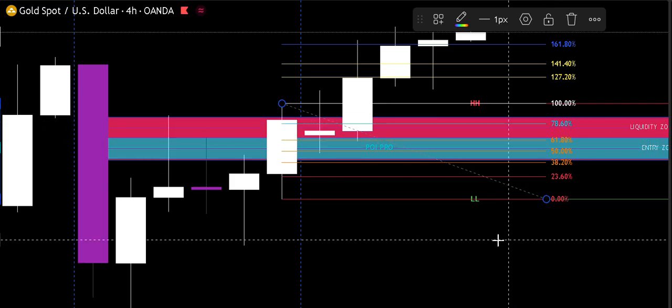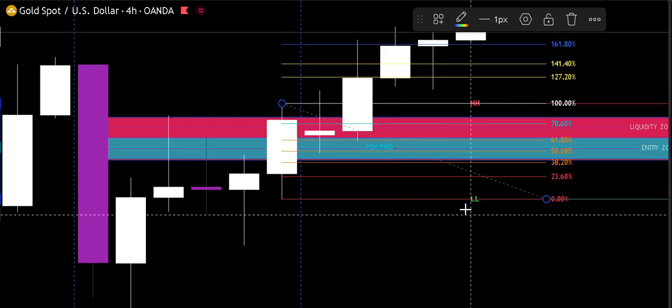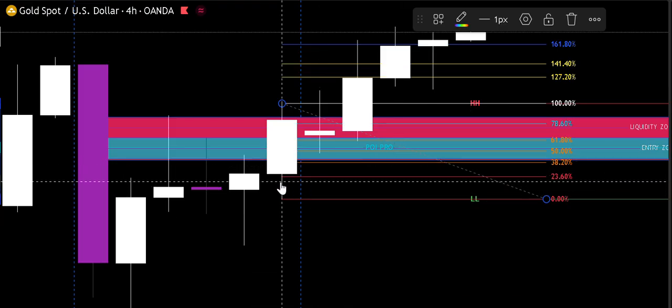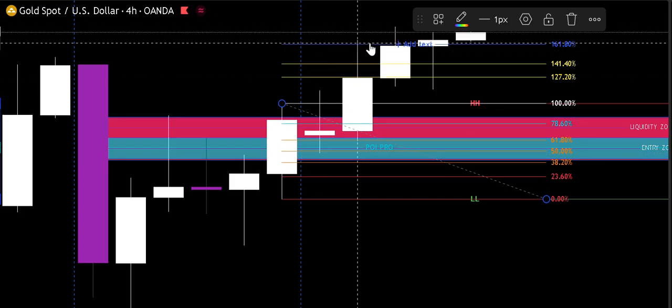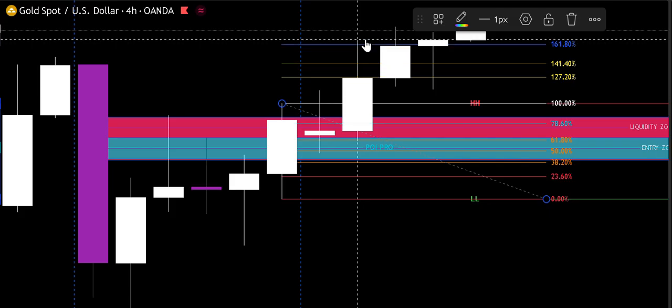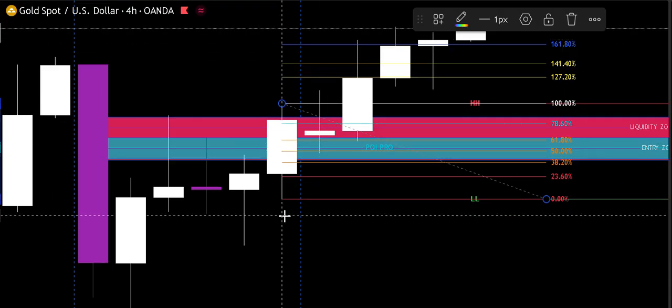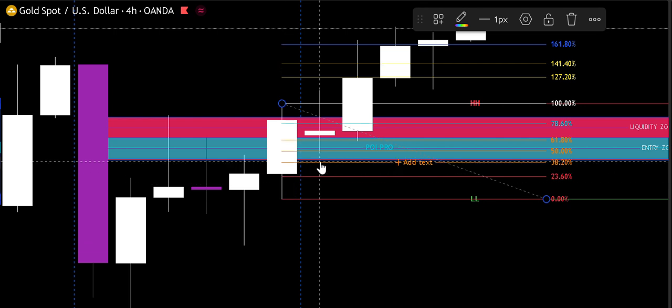This is the area for the entries, okay? When you look at this area, the market told us the area of 50% is on the same line. It's on the same line with our POI Pro.